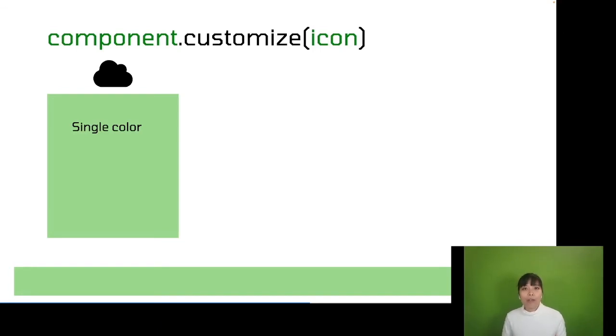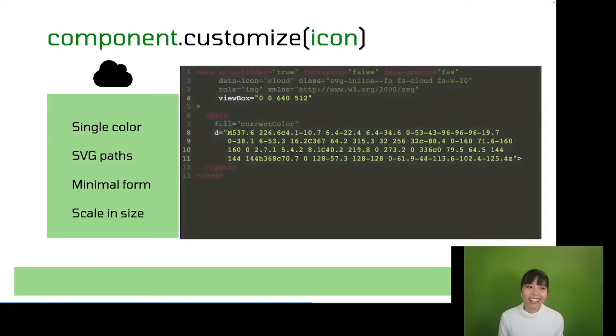You're not supposed to have more than one color, for the sake of the minimal form, because more than one color will cause confusion in the user's visual, and it's hard to concentrate and hard to understand what the icon is doing. And the icon is supposed to be SVG paths because SVG is king.